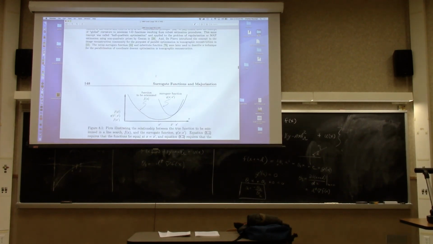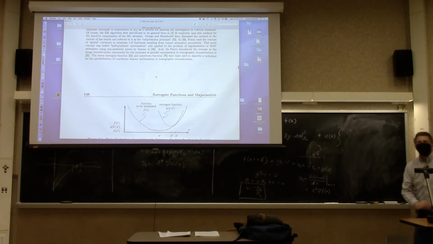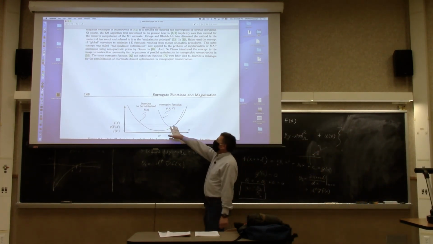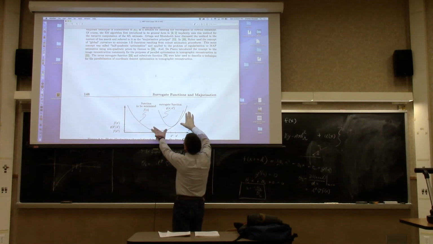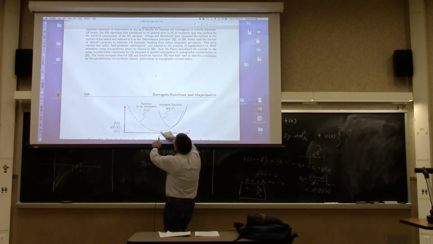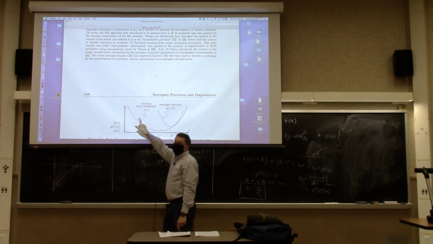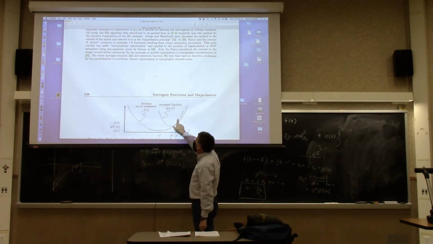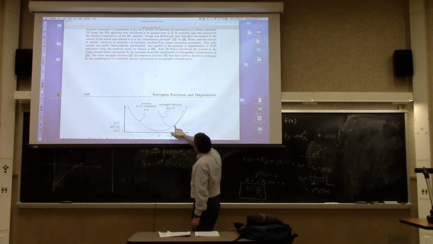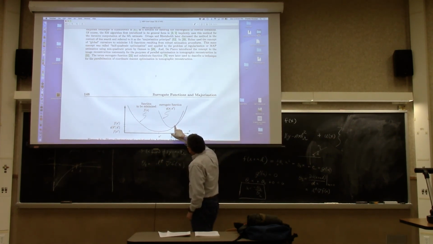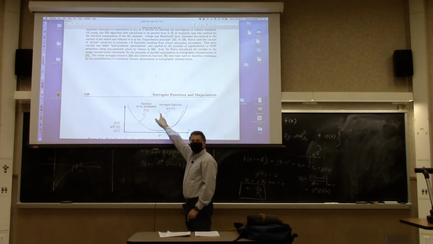I'm going to just show you one last picture because I just love it so much, okay? I know I'm weird that a little diagram like this can be so much fun. Normal people don't feel that way, but I'm sorry. This is the way surrogate functions work. You have this function you're trying to minimize, it's nasty. So you take a simple function that's easy to deal with, usually quadratic, but not always, and you set it so it's equal at the point you're at currently, and its tangent, but it upper bounds.